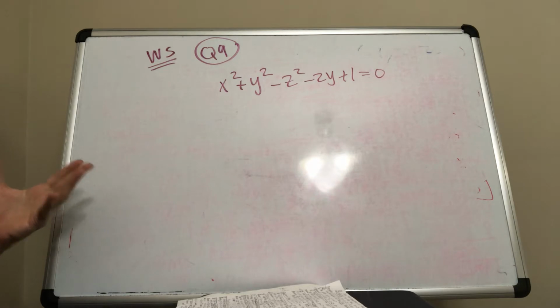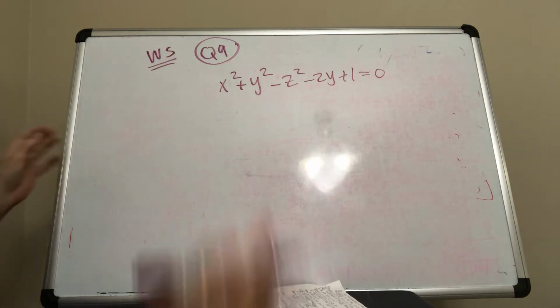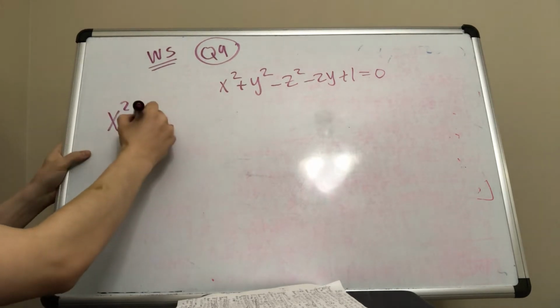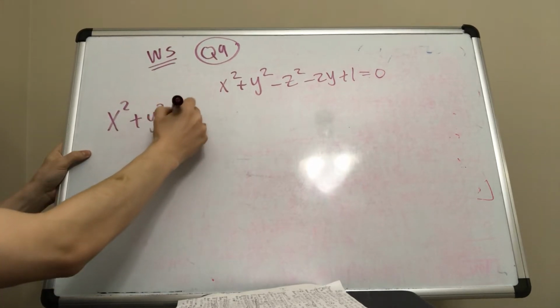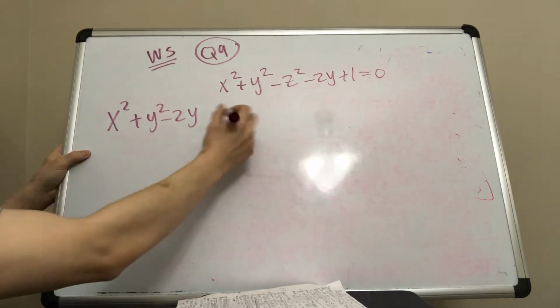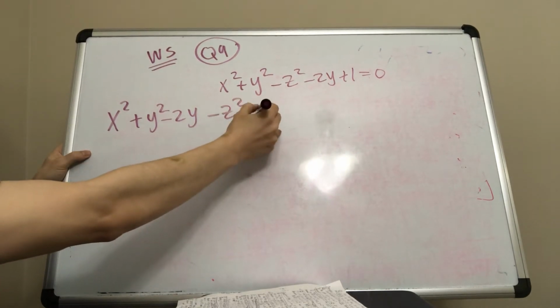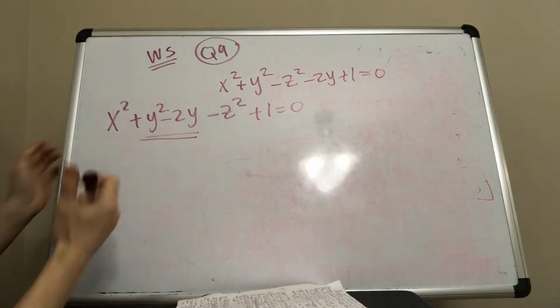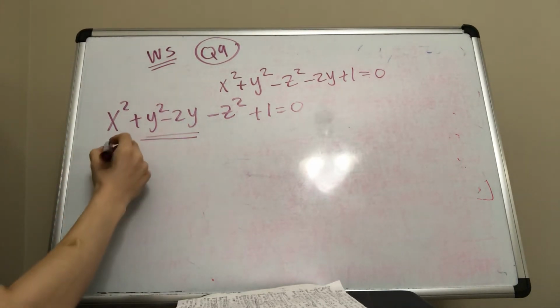To do the surface sketching, we put the x's together. This is the only x term. We put the y together. We put the z and then the number. This is the only one that needs completing the square.